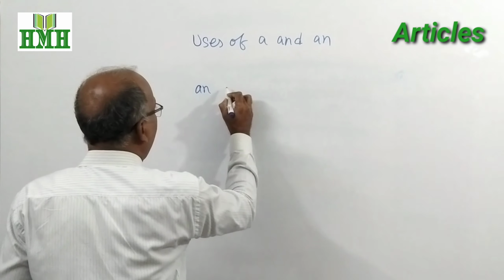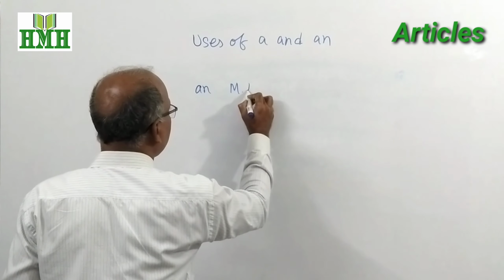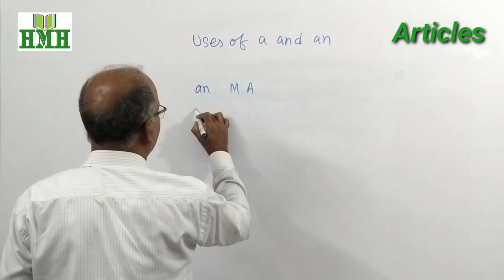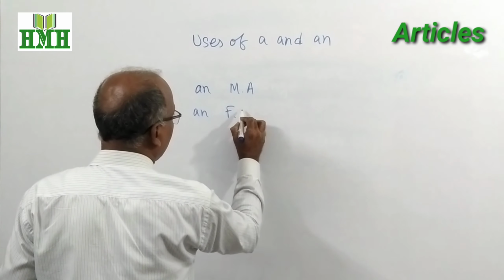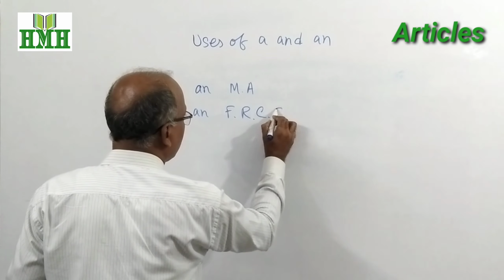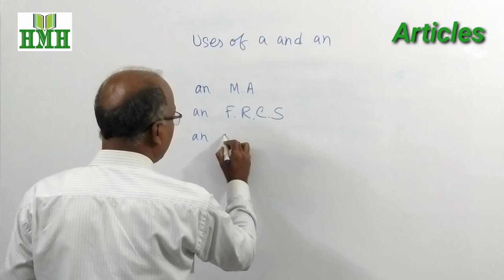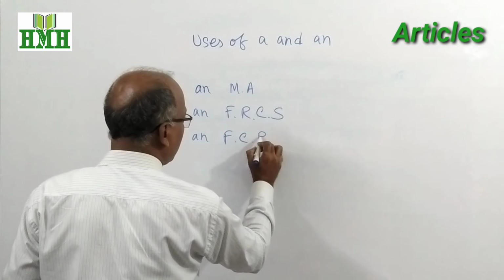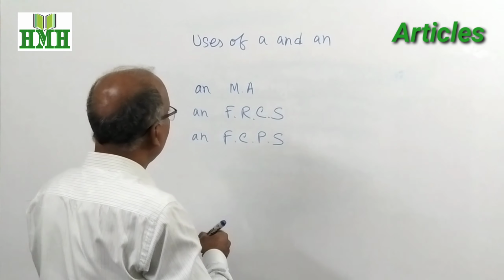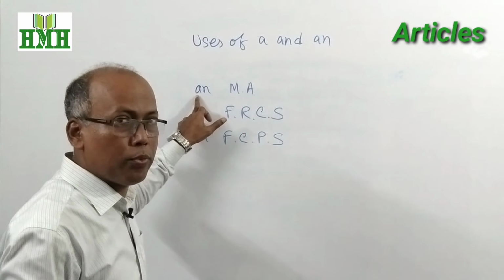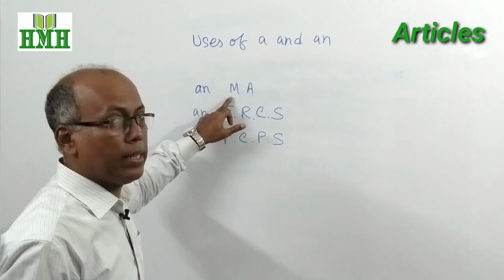Suppose an MA, an FRCS, an FCPS. An is used before an abbreviation that sounds like a vowel.